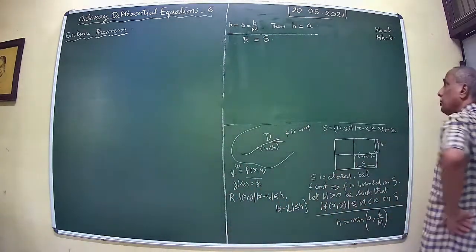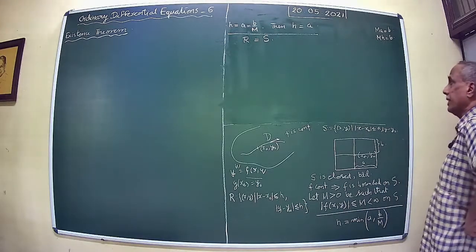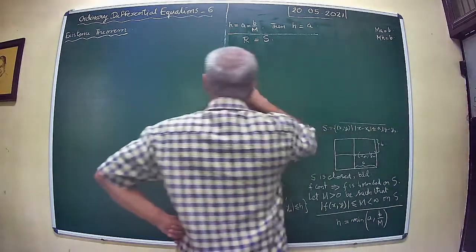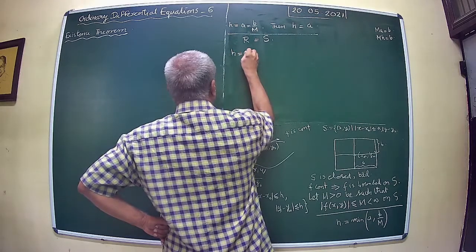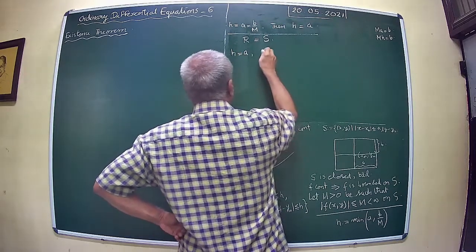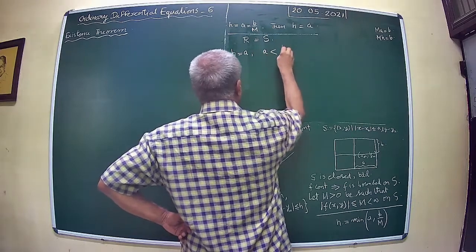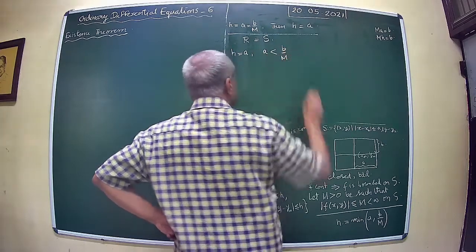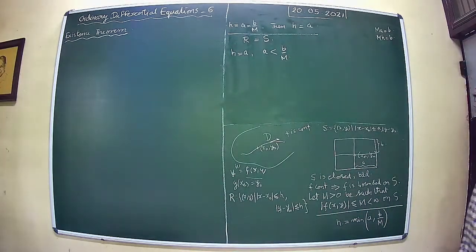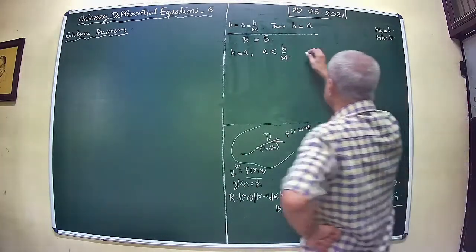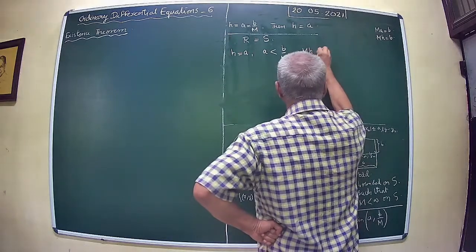Now there are two other scenarios that can come. h is equal to a, but a is less than b by M. Therefore Mh is less than b.